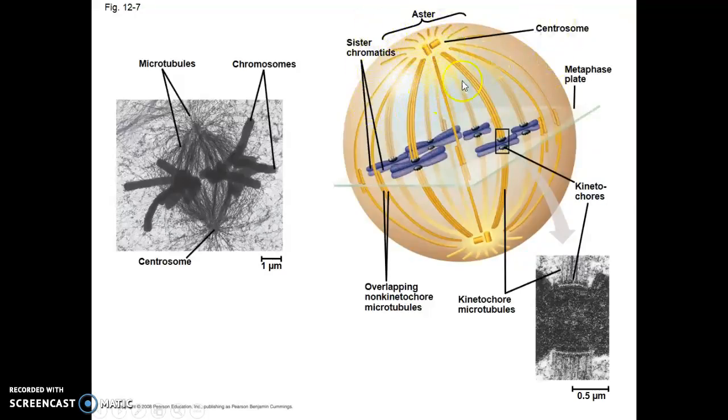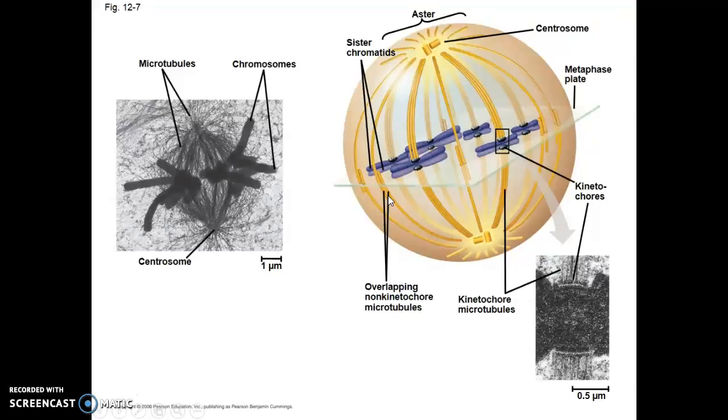Then the non-kinetochore microtubules are not attached to the chromosomes. They just overlap at the metaphase plate, but they are not really attached to the chromosomes. They just overlap.